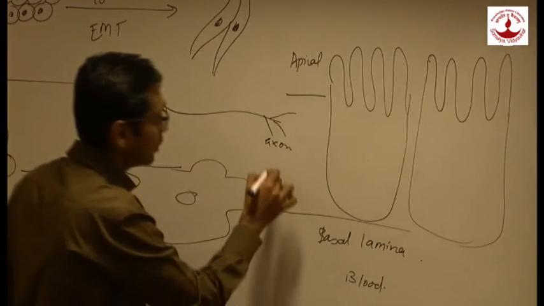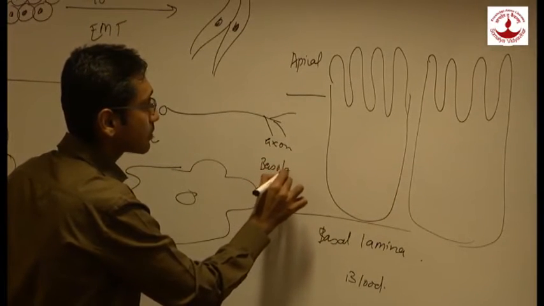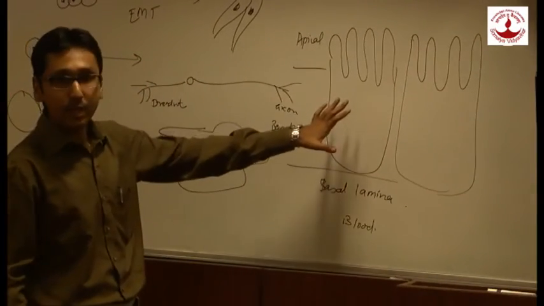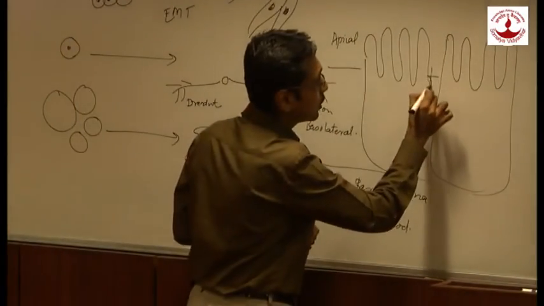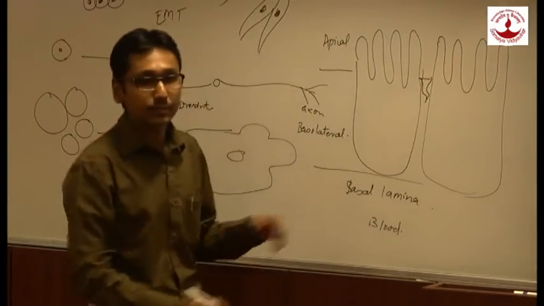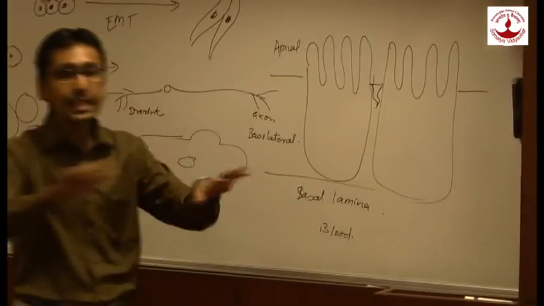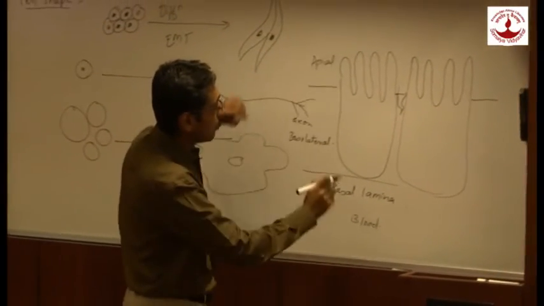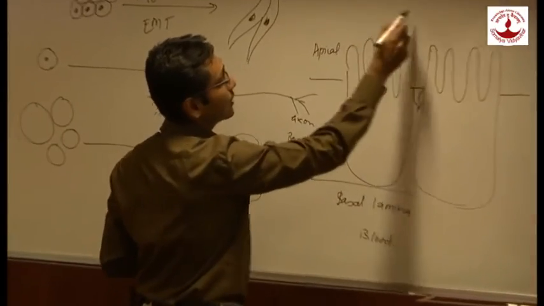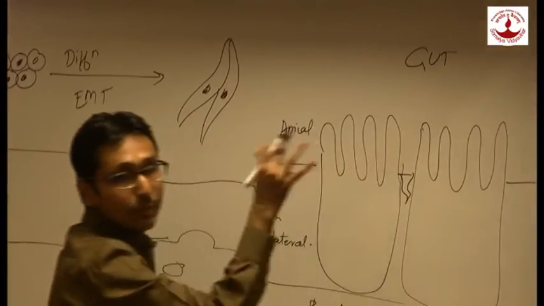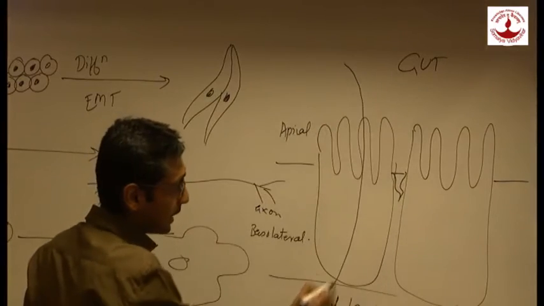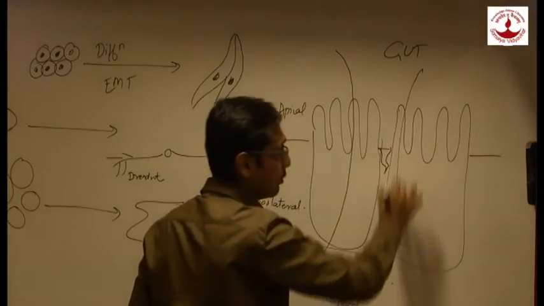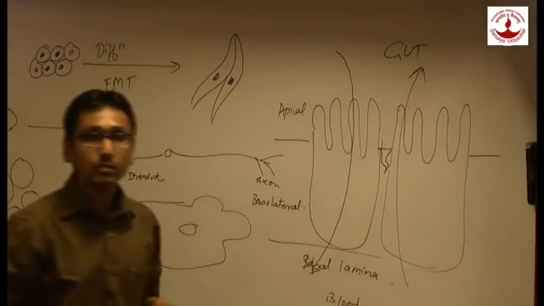In these epithelia, you will have tight junctions here, so it is a sealing barrier. We have seen this in previous lectures. What is seen here is the cell, and this is the gut, the lumen. So nutrients are taken up by the cell, and at the same time, waste is given out.